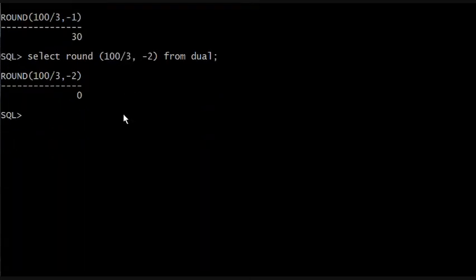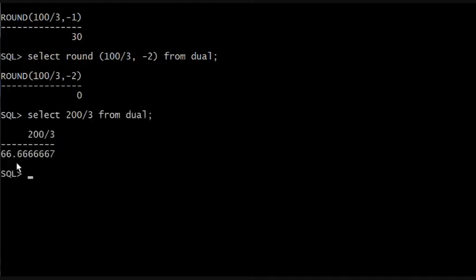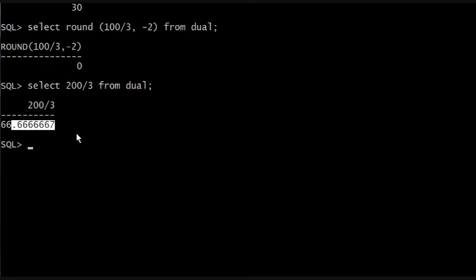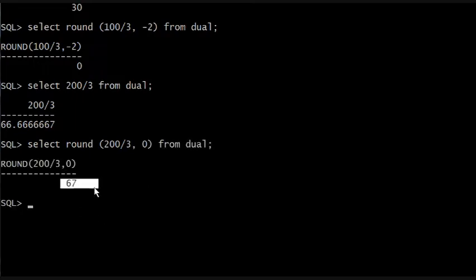So select 200 divided by 3 from dual. 66.66 repeating. If I want to round that to the nearest whole number, I could do select round 200 divided by 3, and we'll round to a whole number, meaning 0, from dual. Now it becomes 67. So that's round in a nutshell.